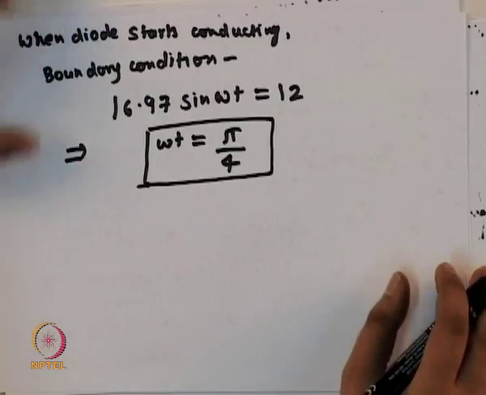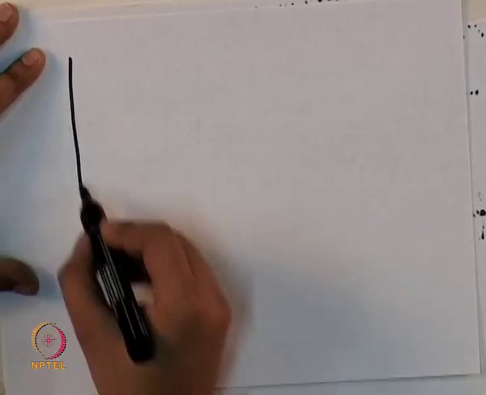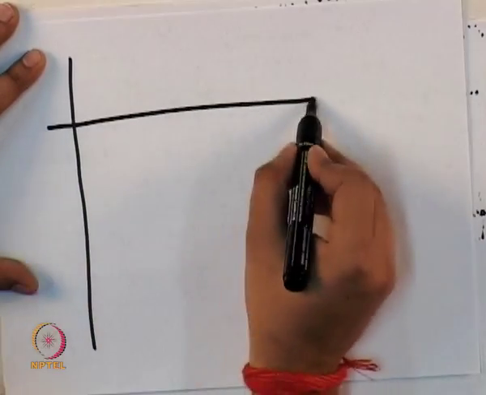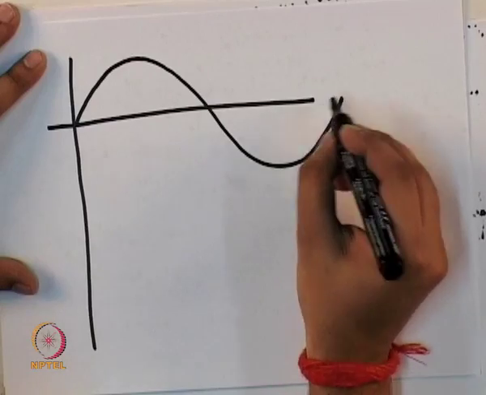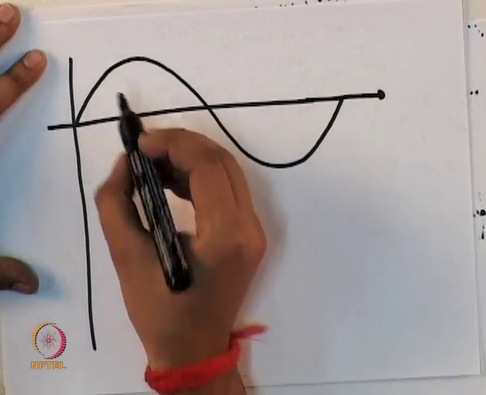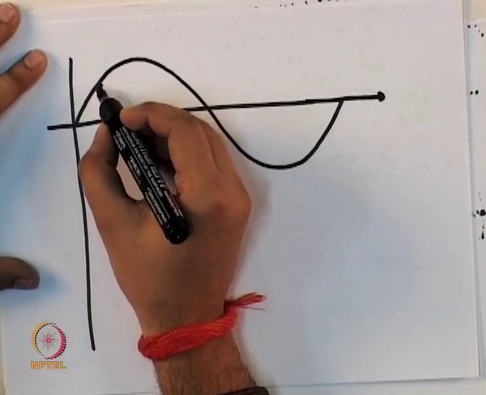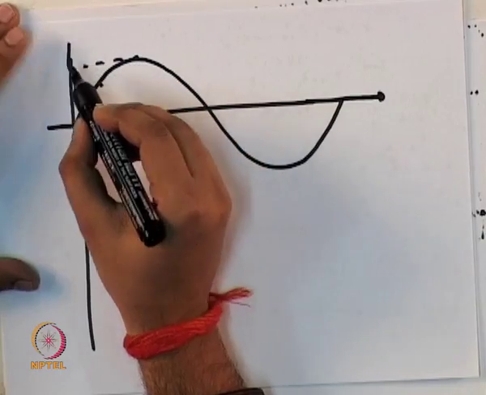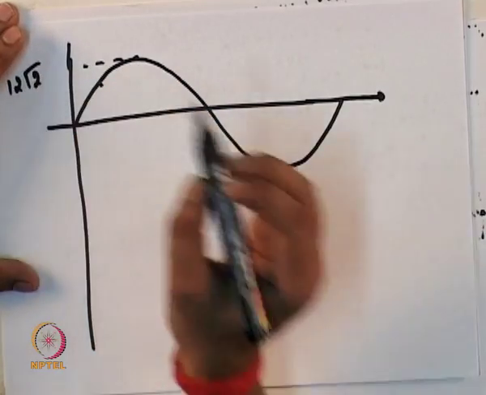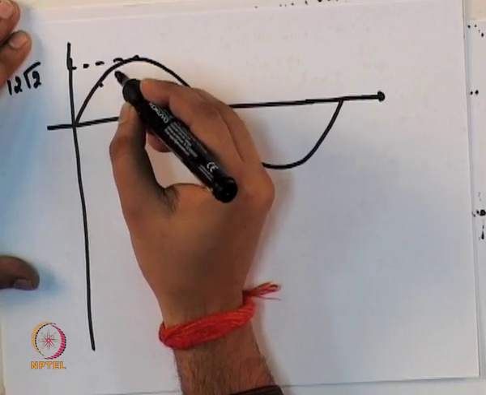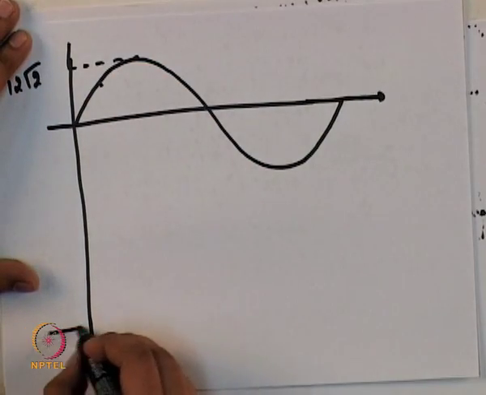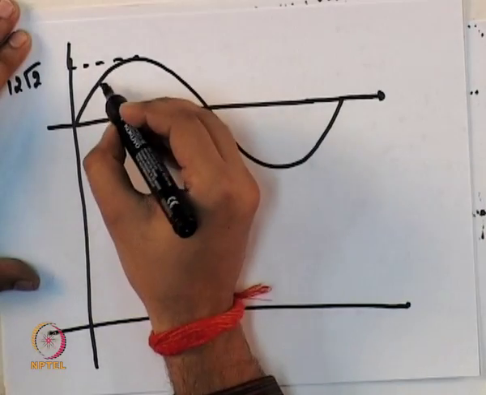Now the input voltage waveform is like this. Peak value is 12 root 2. And I am drawing the current waveform.